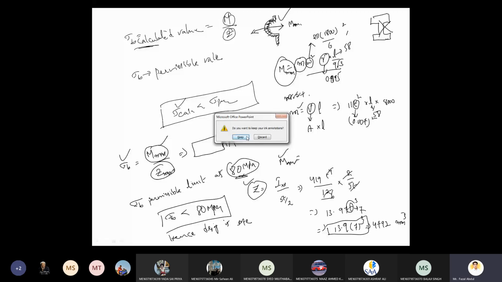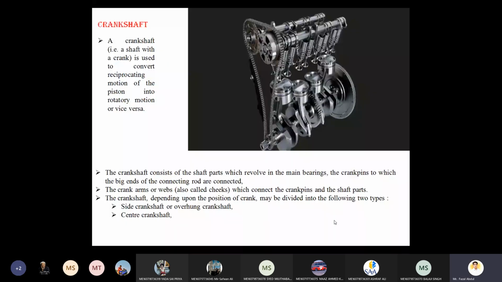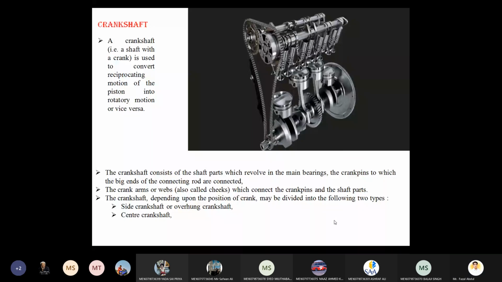So another topic is the crankshaft. The purpose of the crankshaft is to convert the reciprocating motion of the piston into rotary motion, isn't it?